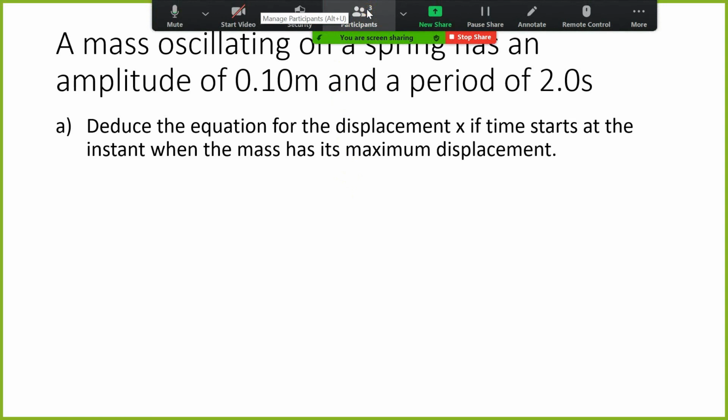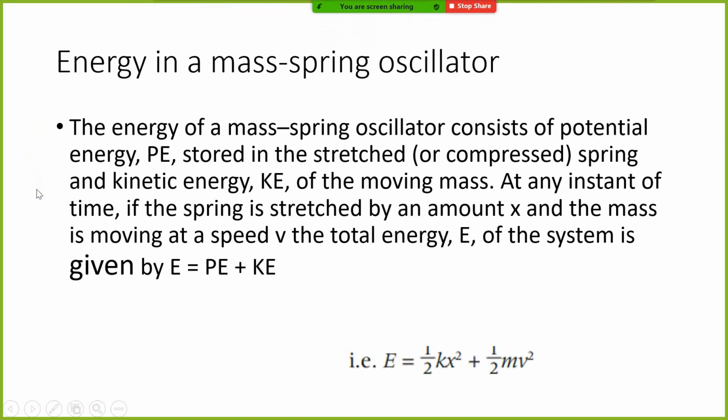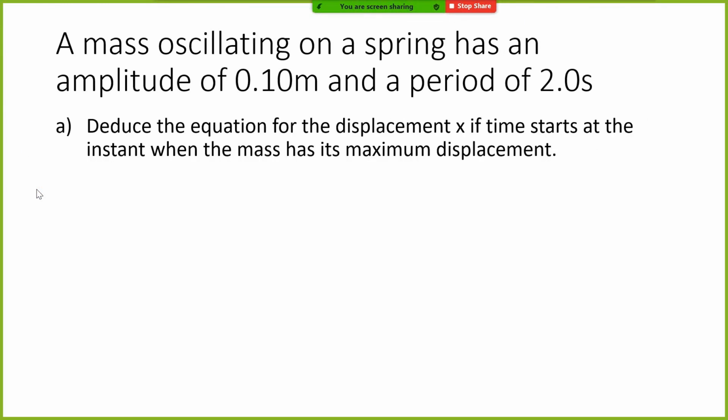So we have a mass that is oscillating on a spring, and it has an amplitude of 0.1 meters and a period of 2 seconds. Deduce the equation for the displacement x if time starts at the instant when the mass has its maximum displacement.